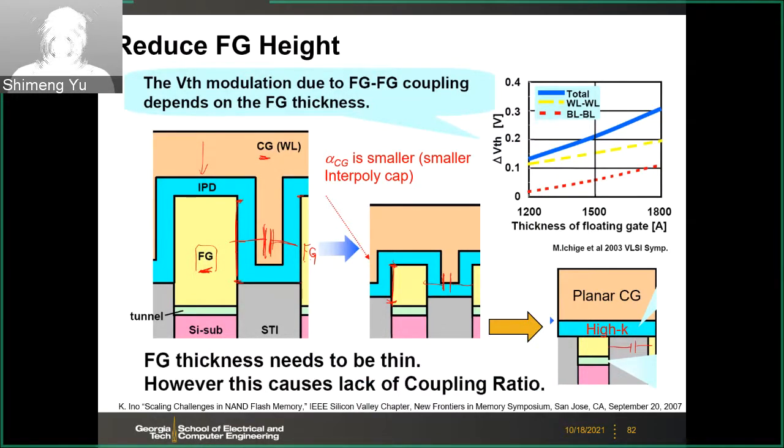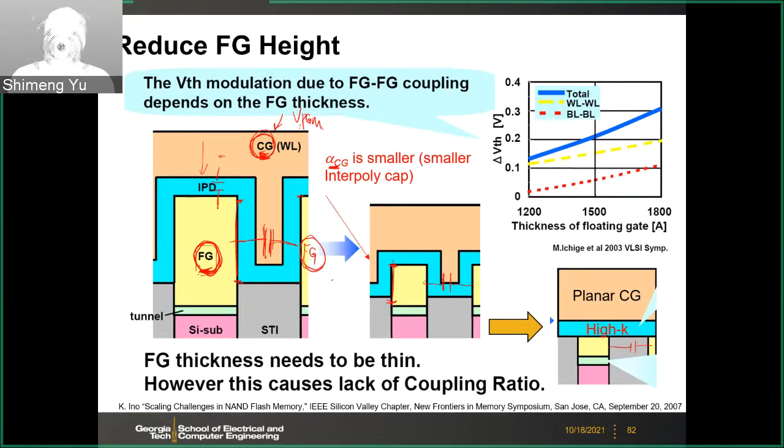However, this may negatively impact alpha CG. If you recall, this is the control gate to floating gate coupling ratio. You also need this capacitance to couple from your control gate to the floating gate. This is how you apply voltage for programming here. You want this programming voltage to drop on this one, not on that one.